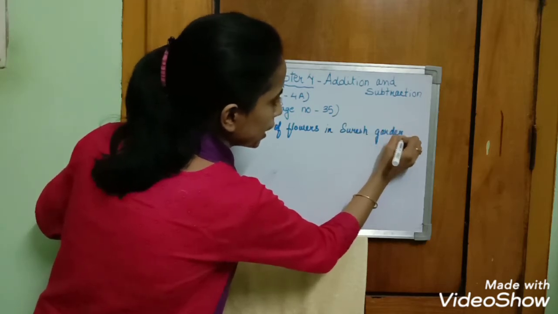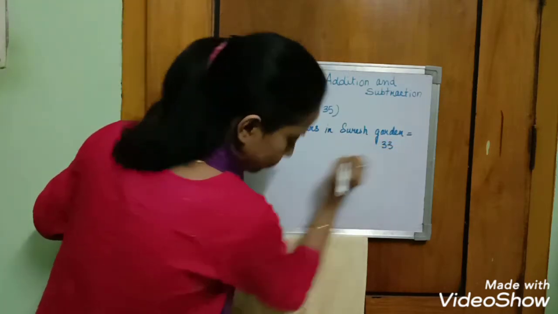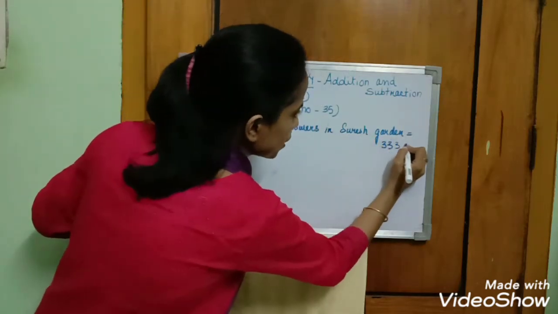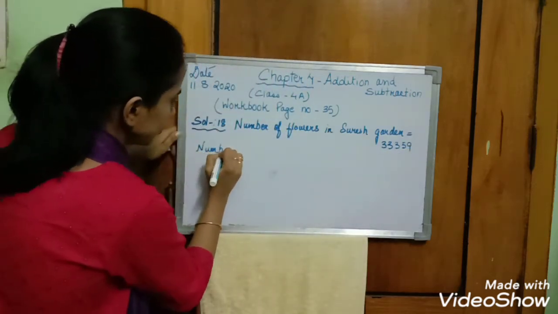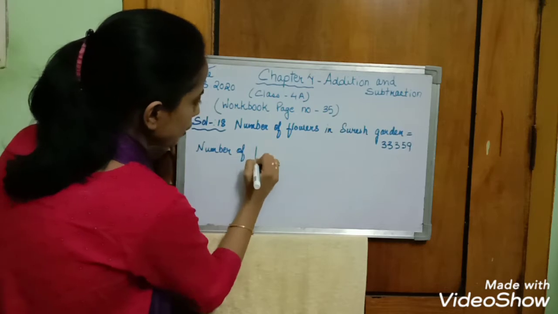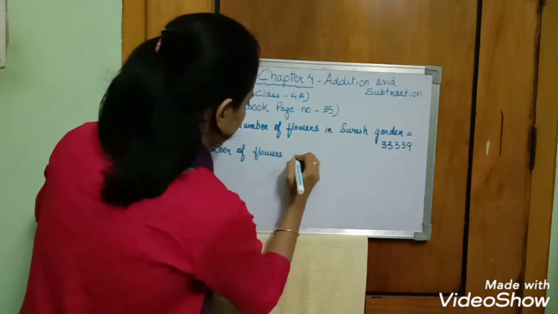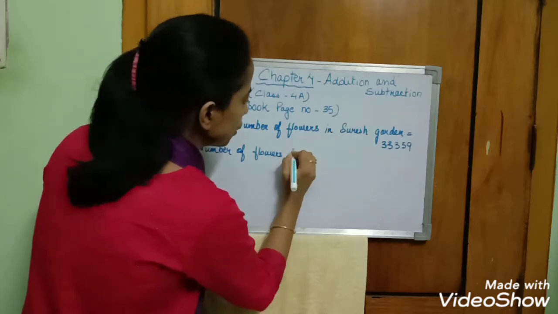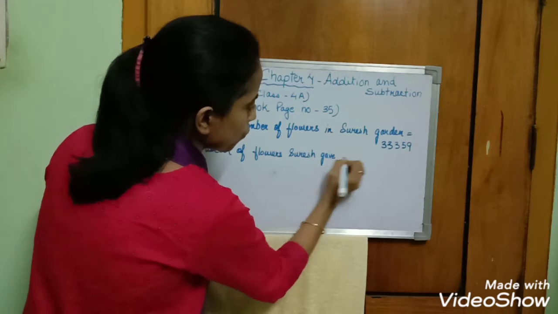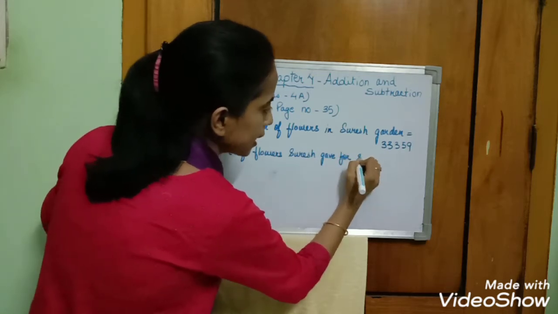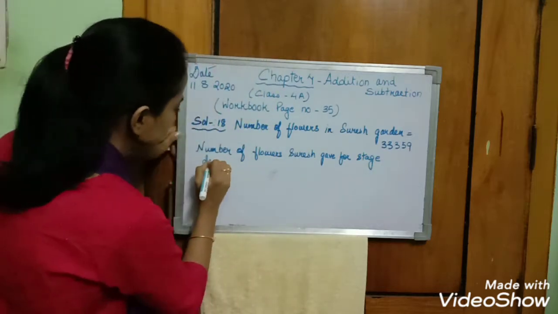Number of flowers in Suresh's garden. How many? It is equal to 33,359. Number of flowers Suresh gave for stage decoration.